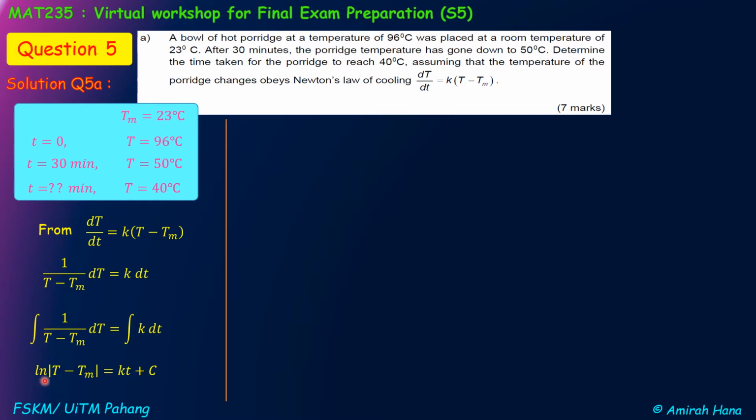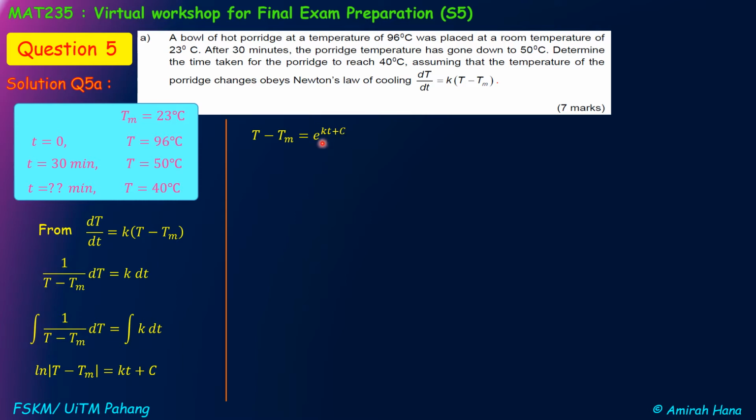First, we move ln to the right-hand side, so we have the exponential function. The left-hand side, T minus Tm, equals e to the power of kt plus C.